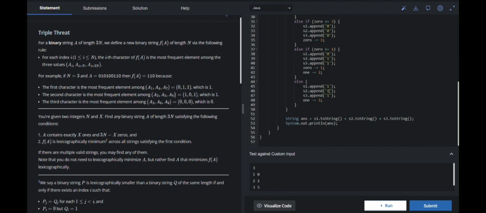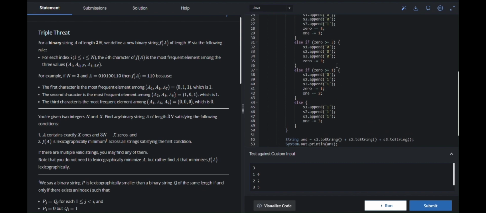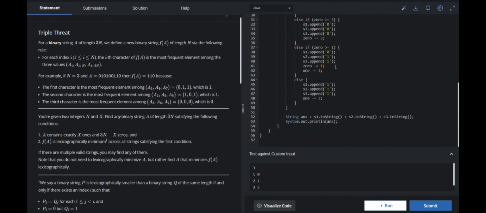Otherwise, if we are not left with any zeros, then we will append 111 to all three strings, and decrement ones by 3. Now we will concatenate these strings into our answer. We converted the string builders into strings first, then concatenated them, stored the result in our answer, and printed it.